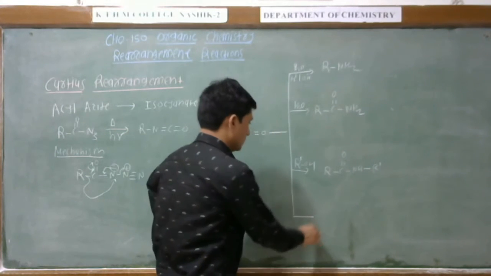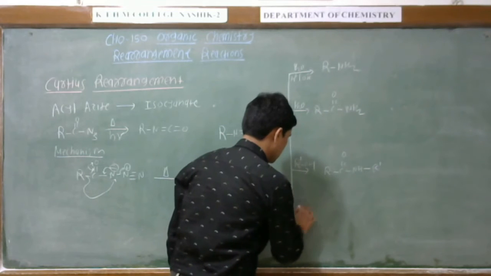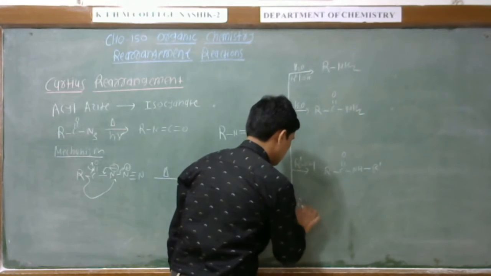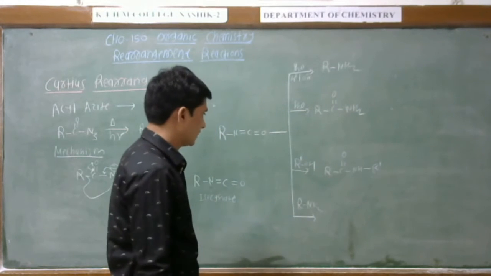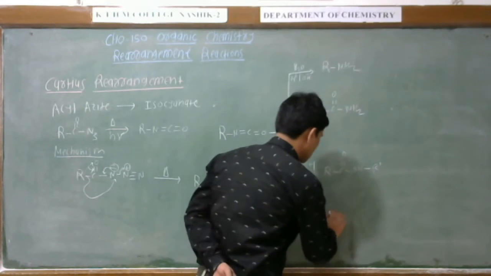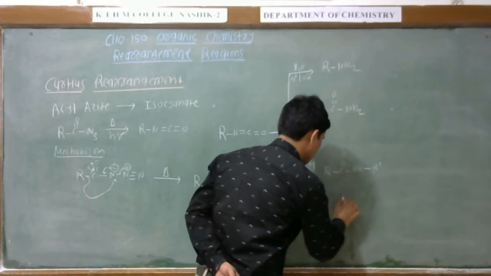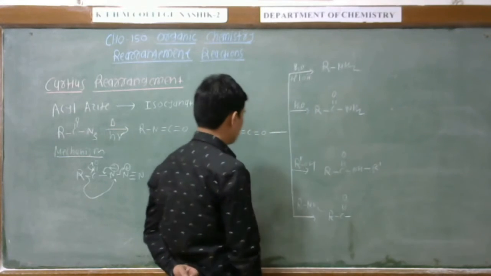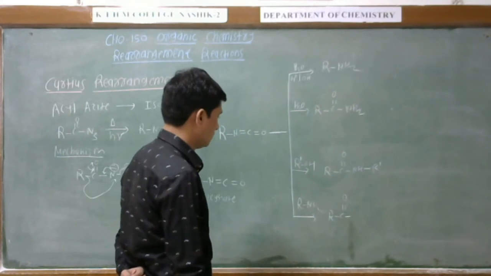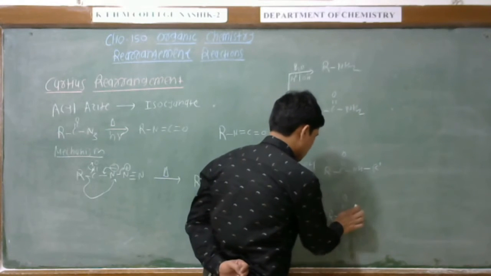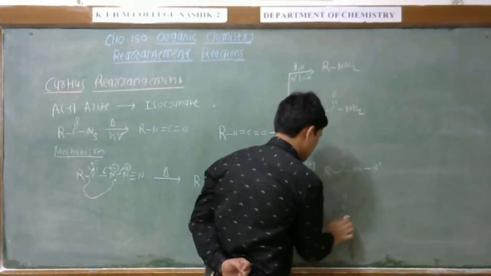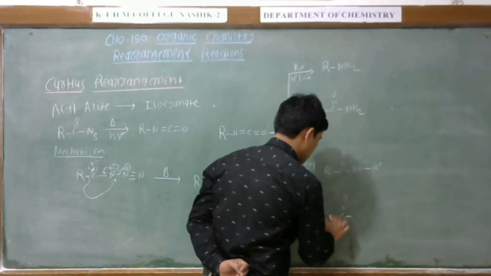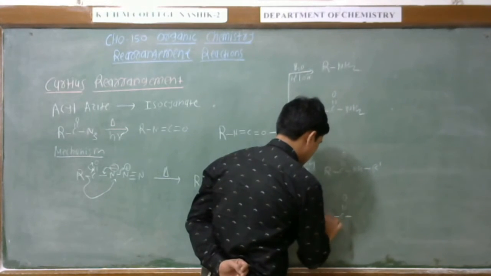And when we react this isocyanate with the primary amine, RNH2, it gives a derivative of urea. So there is the formation of RC double bond O, NHR.